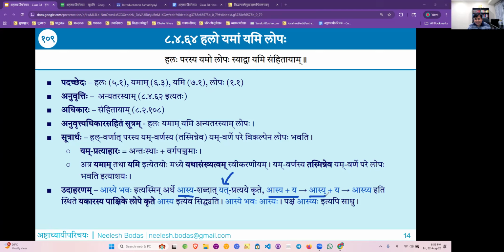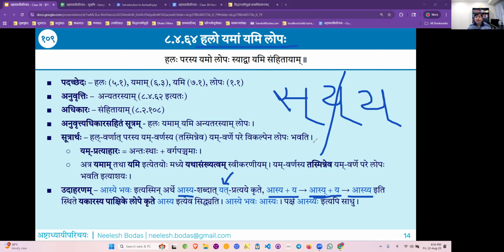So you have आस्य with half yakar and you have yakar. Combining, you get a double yakar as ya. What is the structure? You have a hal letter, then a yam letter, and then the same yam letter: asyam. Sthitau halo yamam yami lopaha इत्यनेन यकारस्य मध्यम यकारस्य नो चेत् प्रथम यकारस्य लोपे कृते आस्य इति सिद्ध्यति.